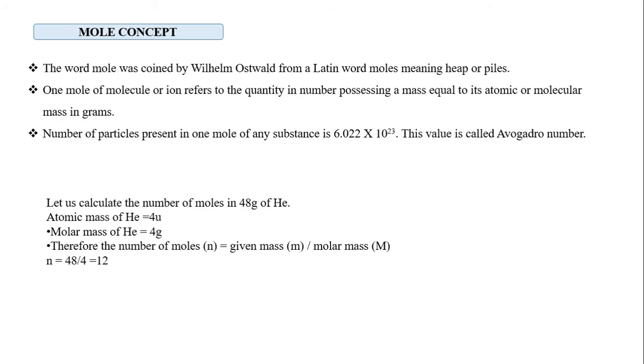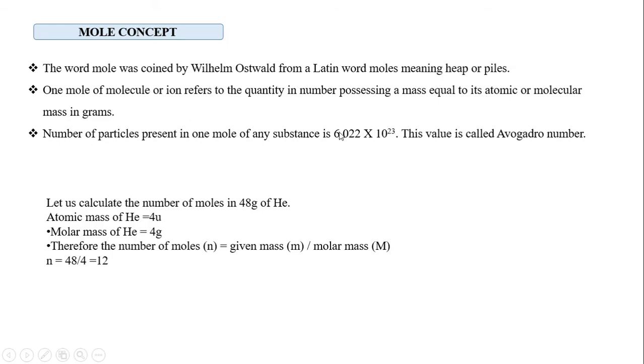So as a whole, mole represents a quantity in number. If you say 1 mole of a molecule, it is a quantity in number, and its mass is equal to its atomic or molecular mass in grams. The number of particles present in 1 mole of any substance is equal to 6.022 into 10 to the power of 23.